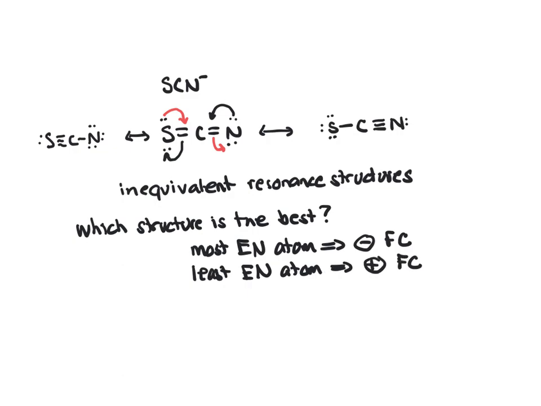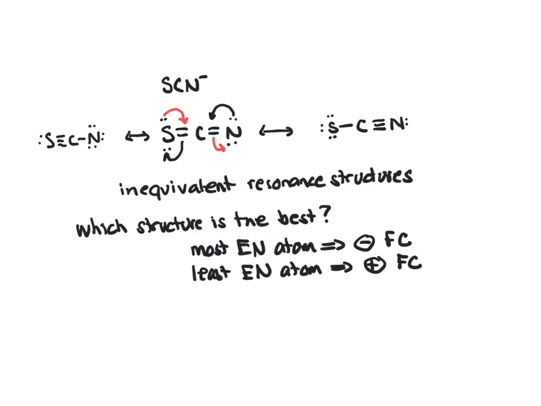So how are we going to figure out which atom in each of these structures has a negative formal charge? Well, we're going to count up the number of electrons that each atom gets in the structure and compare that to the number of valence electrons each atom should have. So if we start over here, we can see that nitrogen has 1, 2, 3, 4, 5, 6, 7. One electron from the bond goes to the nitrogen.